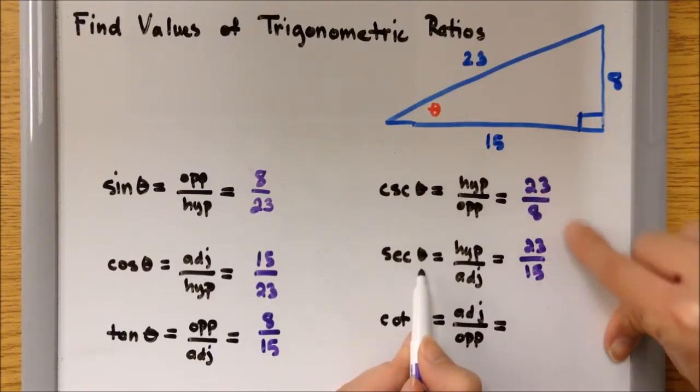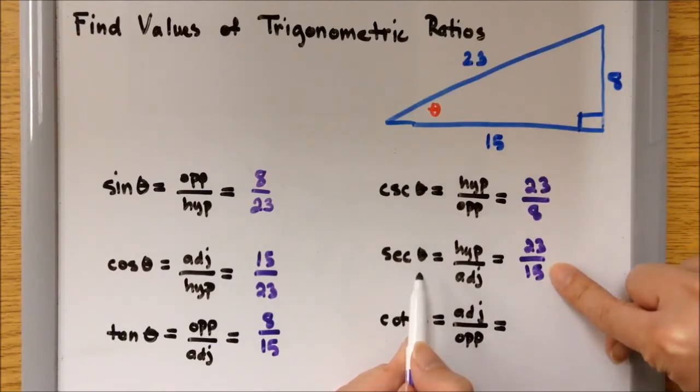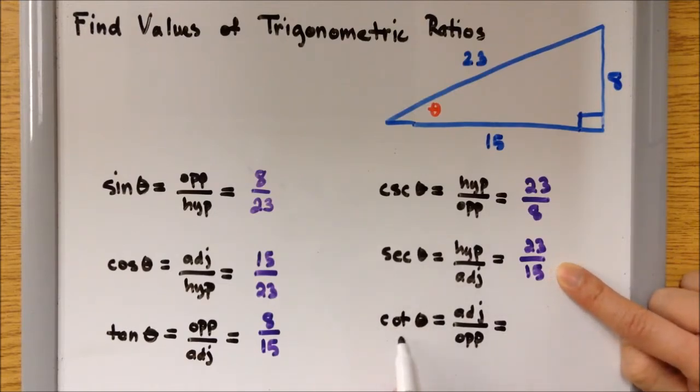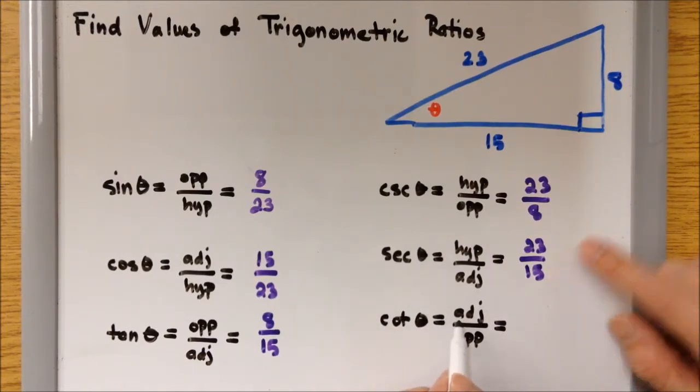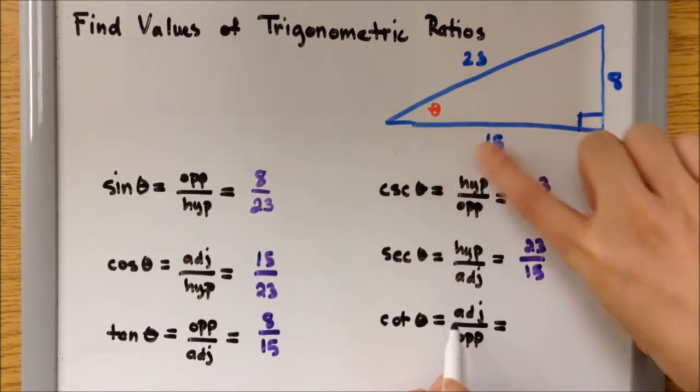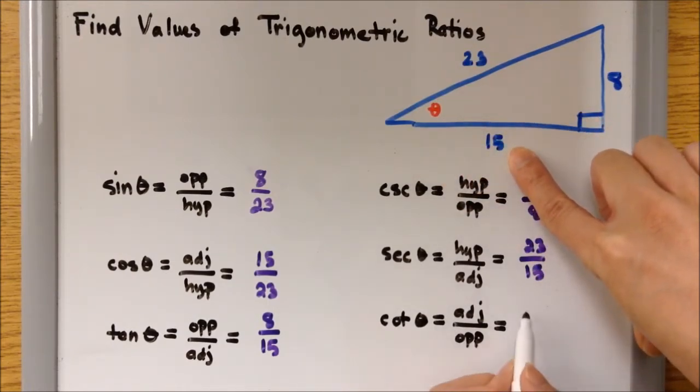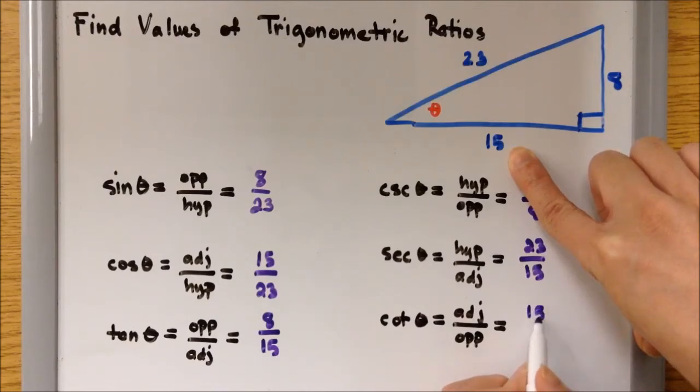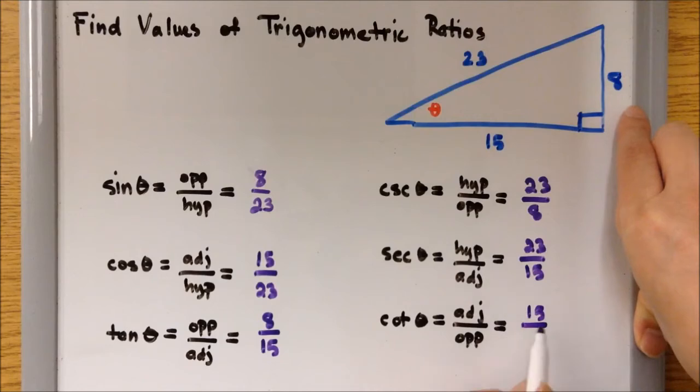So secant theta is 23 over 15. And then cotangent is adjacent on the top, the side next to the angle, which is 15, and then what's opposite of the angle is 8, so 8 will be on the bottom.